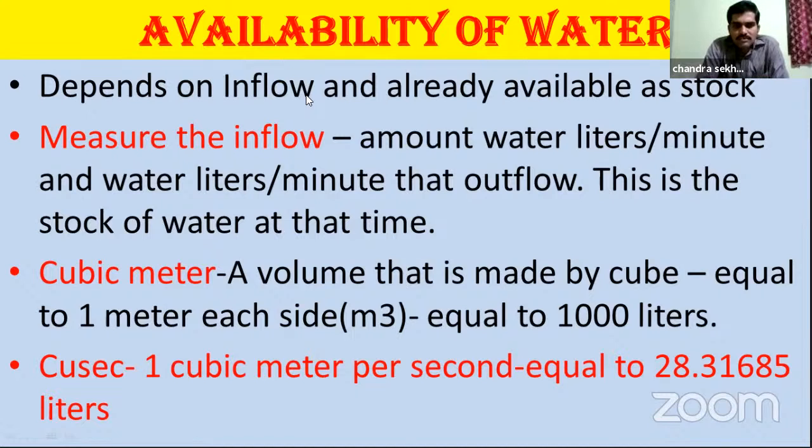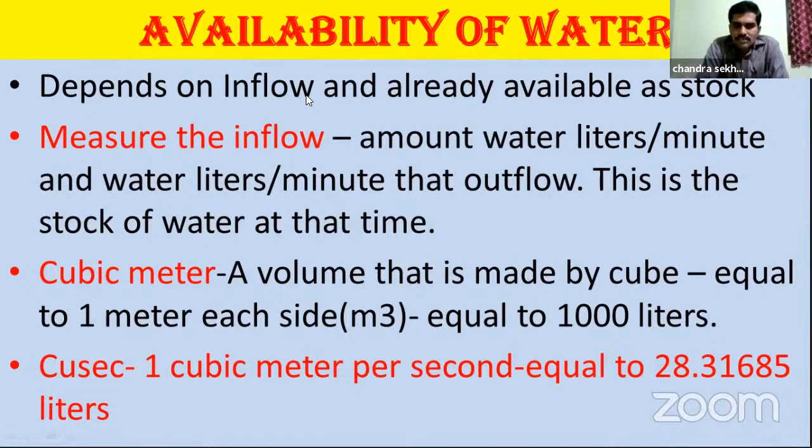How many liters of water are coming in as inflow per minute, and how many liters of water are going out per minute as outflow. The difference between these two is called the stock of water at that time. For example, take Nagarjuna Sagar Dam: our engineers give information about the inflow and outflow water.